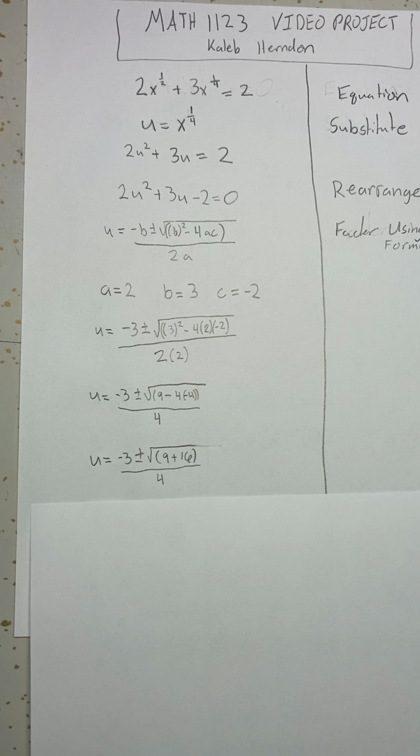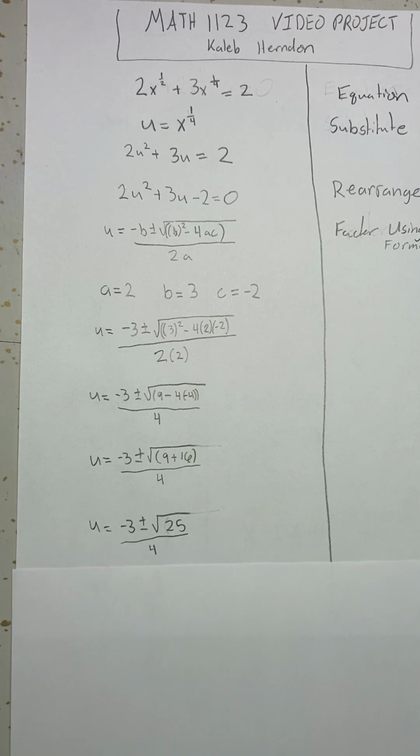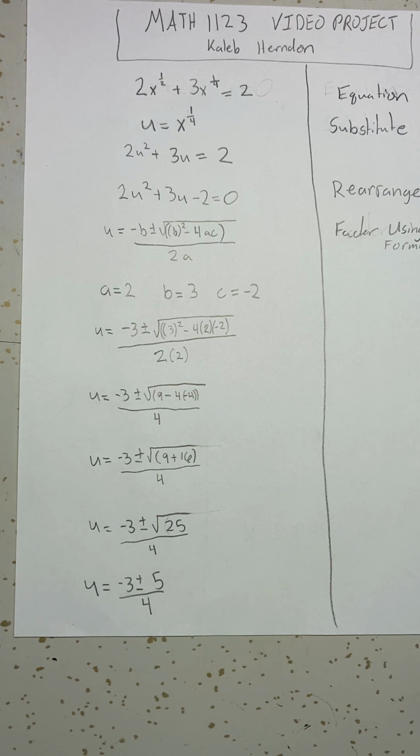u is equal to -3 plus or minus the square root of 9 plus 16 over 4. We go down one more step, and it becomes u is equal to -3 plus or minus the square root of 25 over 4. Simplify it again, that equals u equals -3 plus or minus 5 over 4.